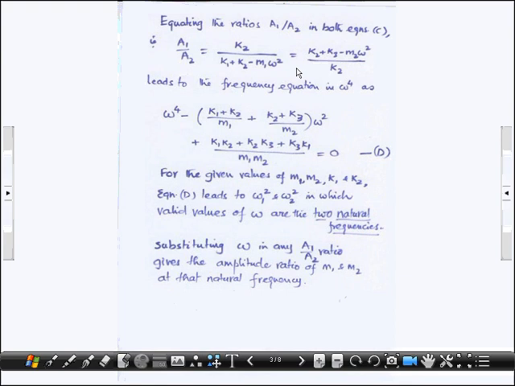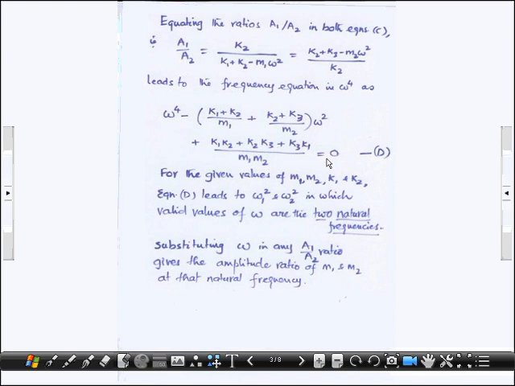When we equate these and cross multiply, after a bit of manipulation, you will get the equation in this form: omega to the 4 minus (K1 plus K2 by M1 plus K2 plus K3 by M2) times omega square plus (K1 K2 plus K2 K3 plus K3 K1) divided by M1 M2 equal to 0.